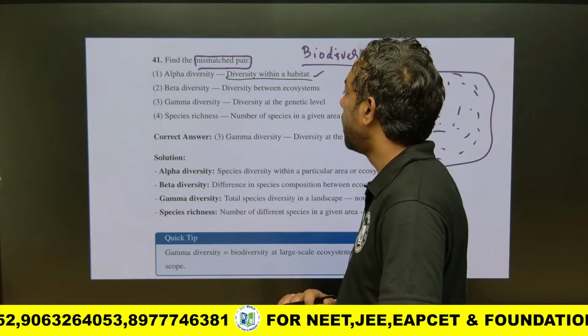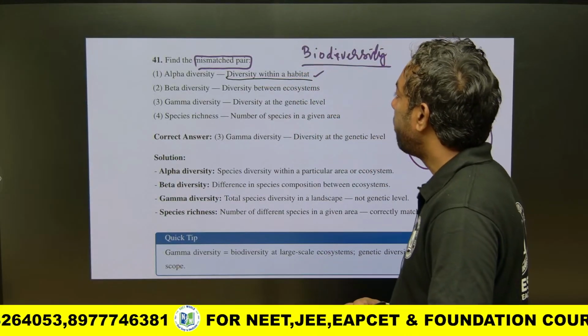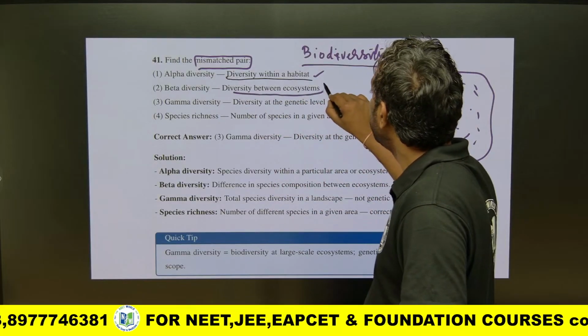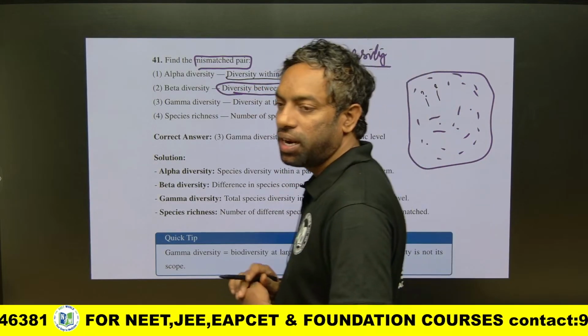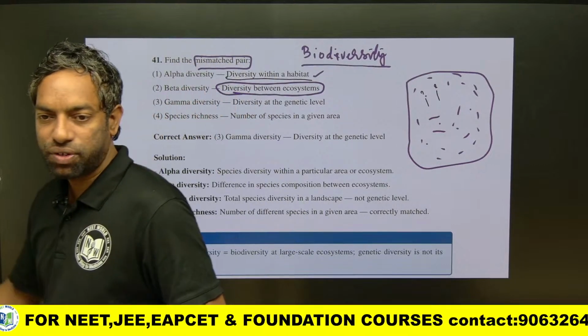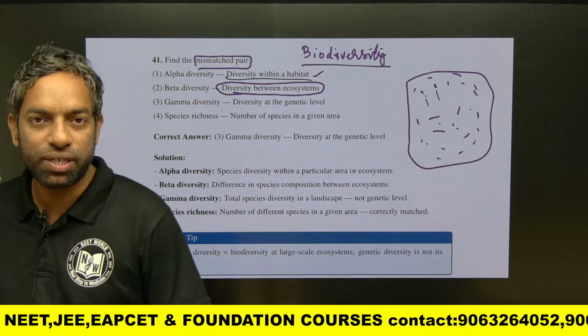And beta diversity is diversity between ecosystems. Two ecosystems, for example a water ecosystem and a grassland ecosystem.